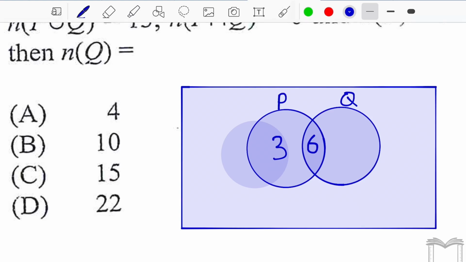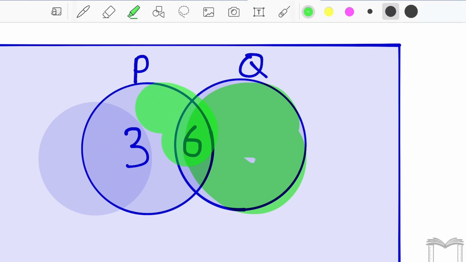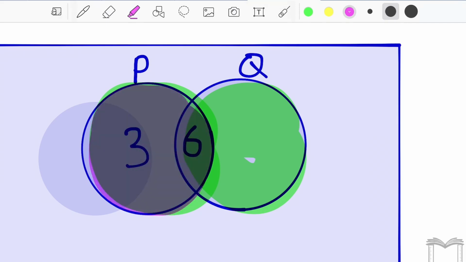So let's determine the amount in Q. The amount in Q will be the amount in these two circles combined, take away the amount that is in P. Sorry, that's a mistake. The amount that is in P only.